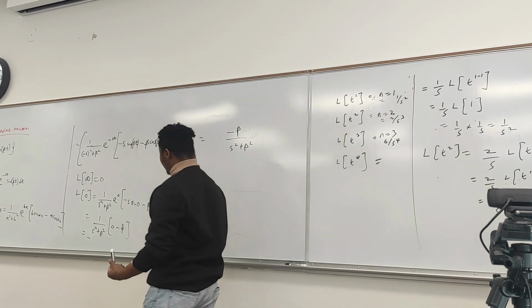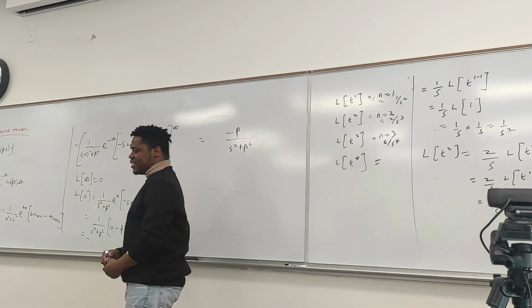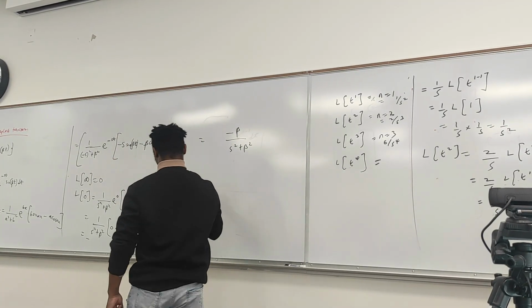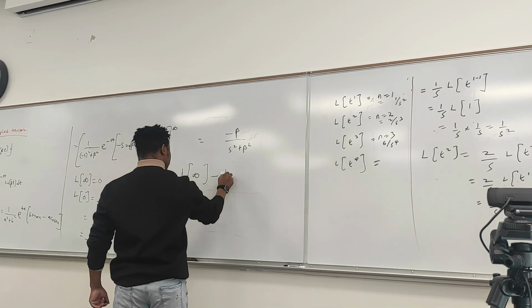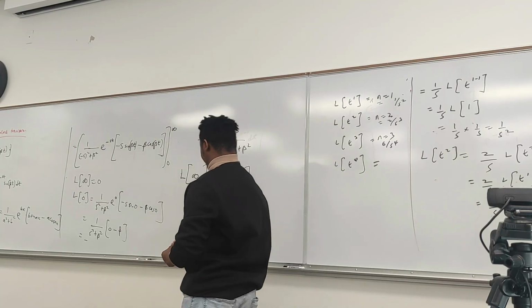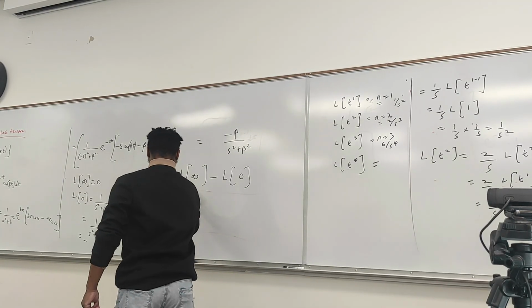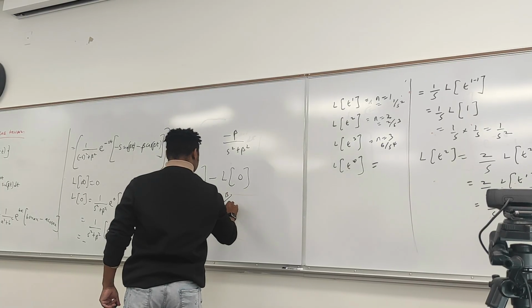Now let's do the limit. The integral is supposed to be limit at infinity minus limit at 0, because it's the upper boundary minus the lower boundary. The upper boundary is 0, minus the lower boundary, which is minus beta over s squared plus beta squared.